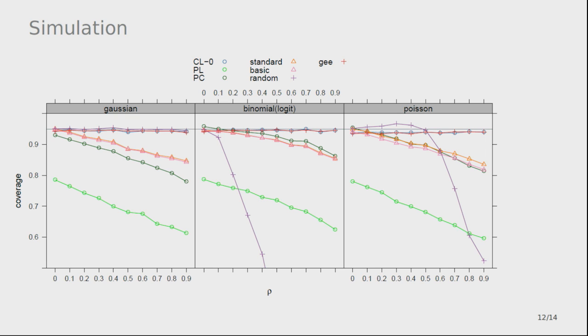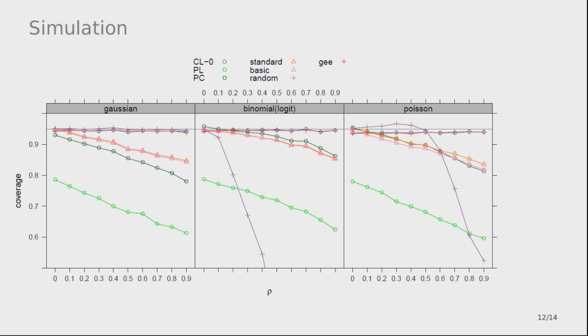Compared to the Gaussian response, results are qualitatively similar for binomial and Poisson responses, except for the standard errors from the random intercepts model. What we see is that standard and basic sandwich standard errors are underestimated, the more so the higher the cluster correlation. This is, of course, no surprise, as these methods do not account for the clustering structure.